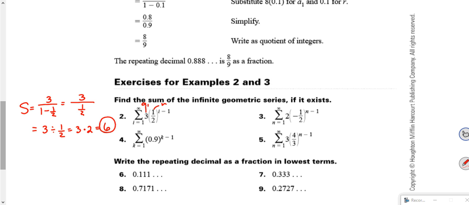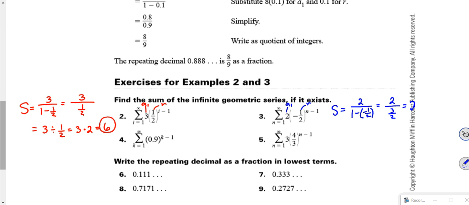Now let's look at number 3. Here's my A1, here's my R. So my S equals 2 over 1 minus negative 1/2. Well, that's 2 over 1 plus 1/2, which is 3/2.